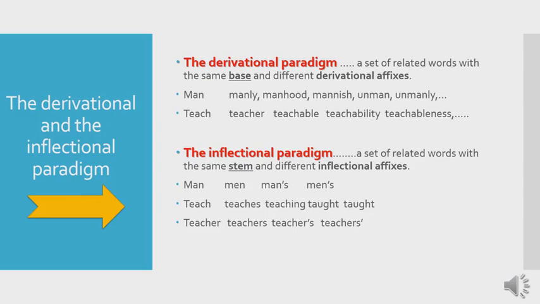The last word is teacher. Teacher is a noun. So we have 3 inflectional affixes for nouns: S plural, S singular possessive, S plural possessive. So with teacher, we have teachers, teacher's, and teachers'. Of course, the apostrophe is before the S with the S singular possessive and after the S with the S plural possessive. So this is the inflectional paradigm for the word teacher.